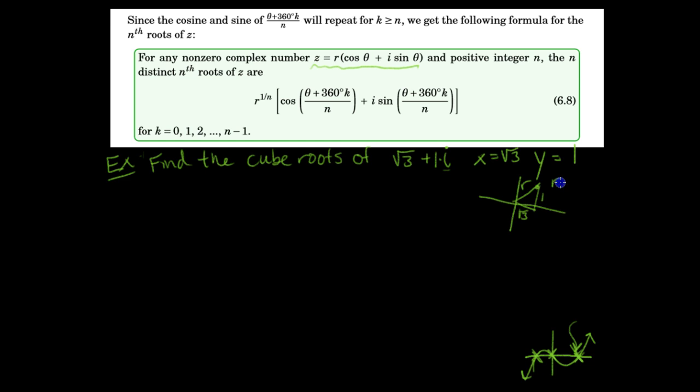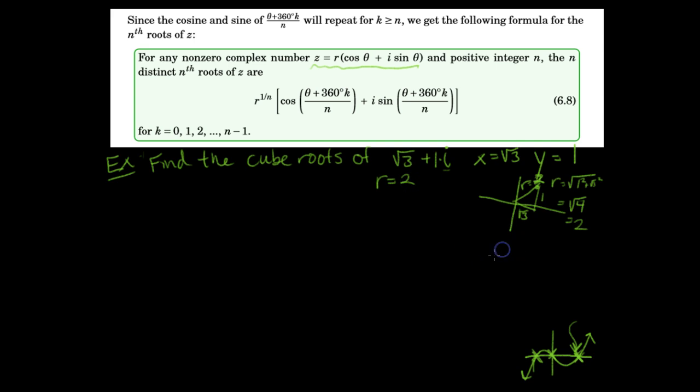So remember, r is equal to the square root of x squared plus y squared. So it's 1 squared plus square root of 3 squared. So you have 1 squared, which is 1, plus the square root of 3 squared, which is just 3. So it's the square root of 4, which is equal to 2. We did something very similar to this earlier. So you have that r is equal to 2.